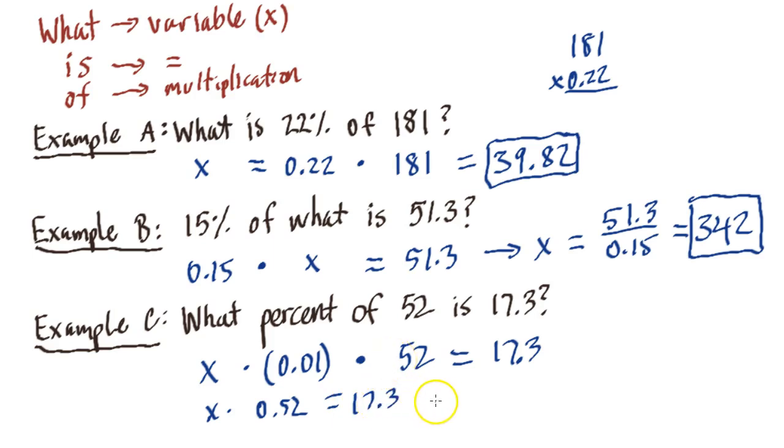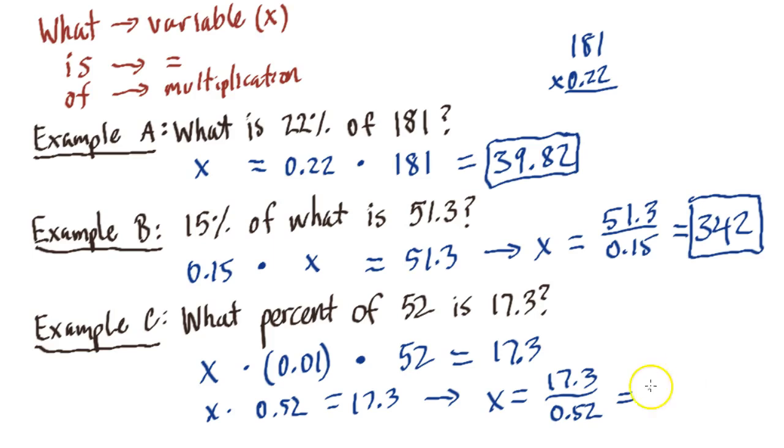And then we can solve for x by dividing by 0.52 on both sides of the equation. So x equals 17.3 divided by 0.52. So x is equal to 17.3 divided by 0.52, 33.269, and it goes on forever.